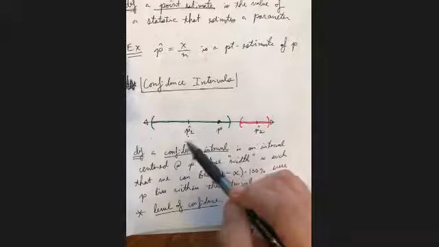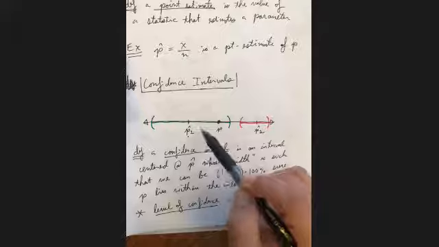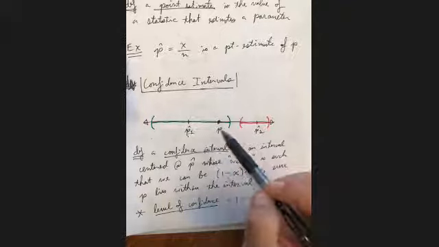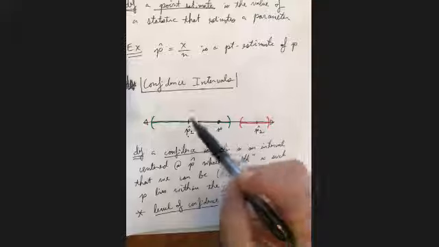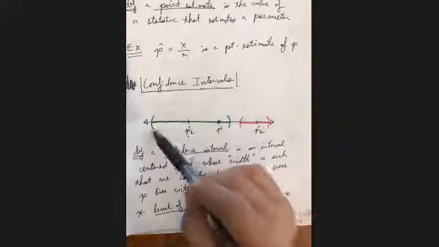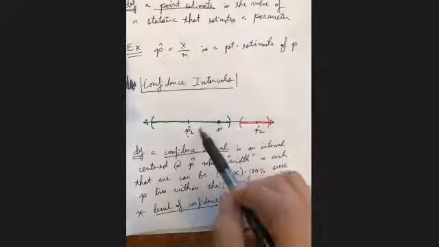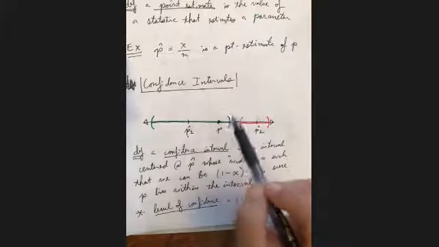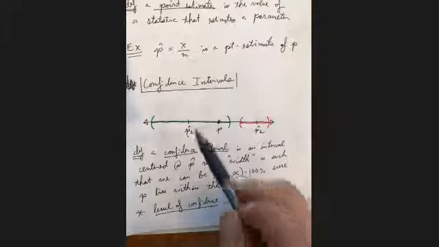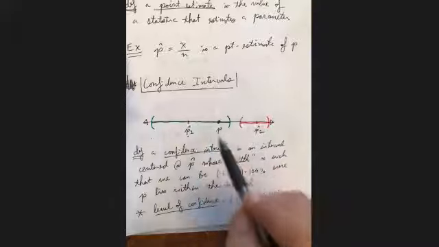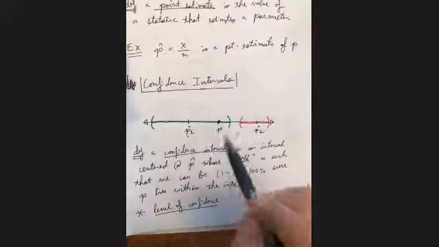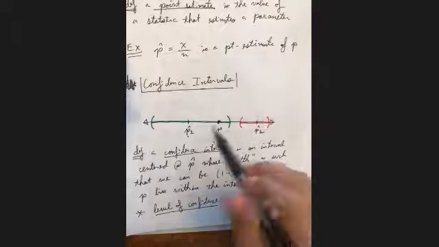We know that this p hat is, relatively speaking, close to P. So if we construct an interval that's centered at p hat, there is some likelihood that that interval will contain P. The wider the interval, the higher the likelihood that P, the actual value for the population proportion, will fall within that interval.